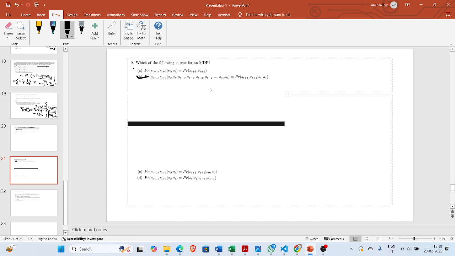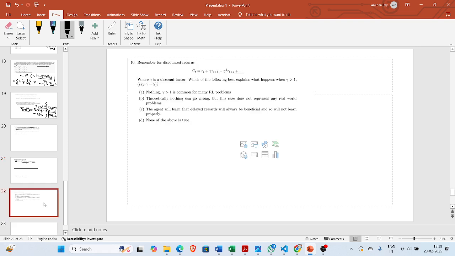With the Markovian property, you understand, the t plus 1 you are looking at only depends on the immediate previous one, that is st and at. Others are not important, so only this is required. So 9 is done, and now 10.